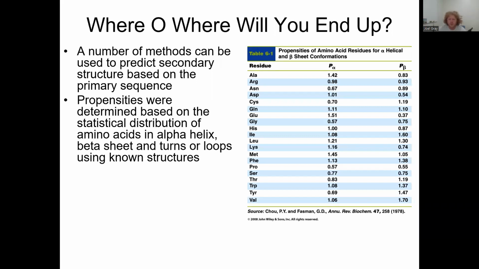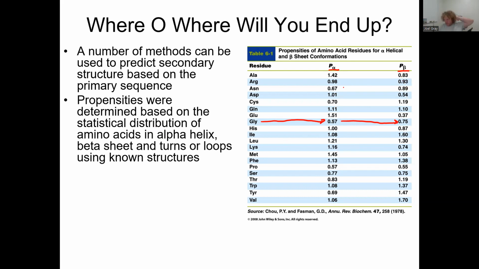So the scoring system ranges from 0 to 2. If you look at glycine, it has a score of 0.57 for a propensity for alpha helix and a 0.75 for a propensity for a beta sheet.